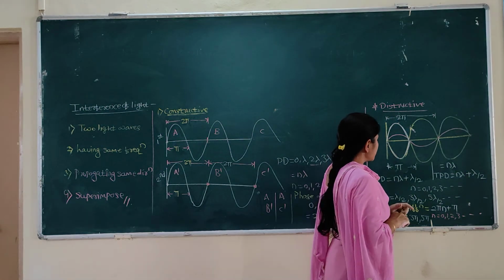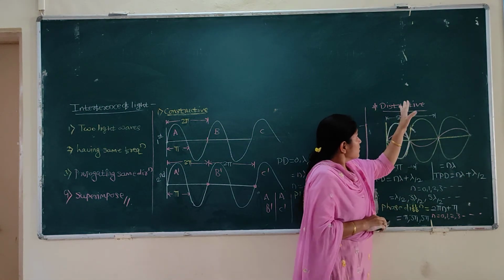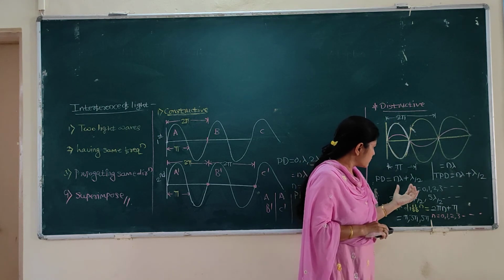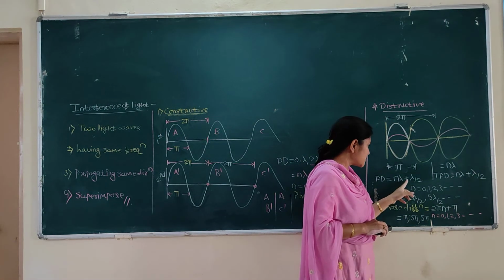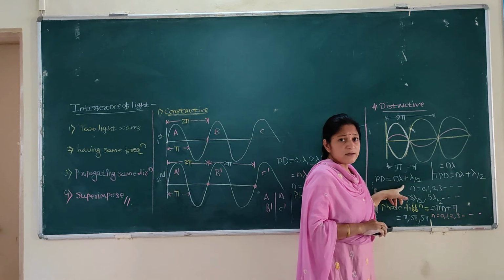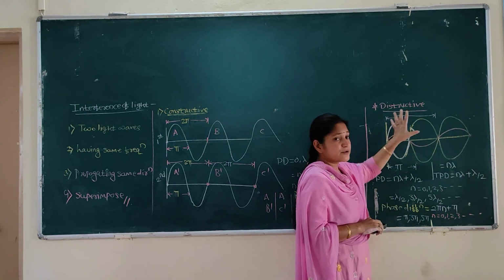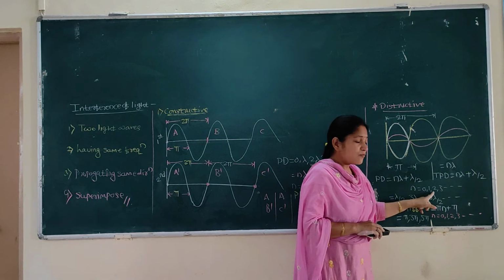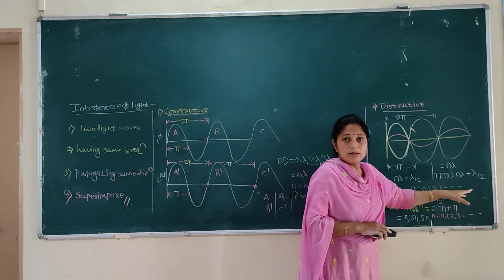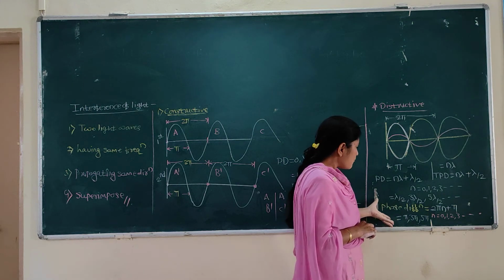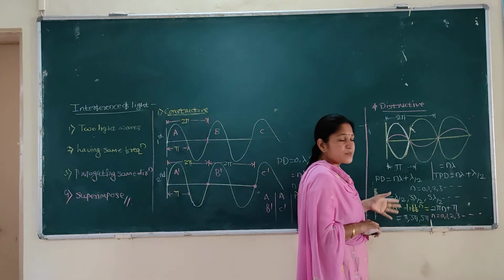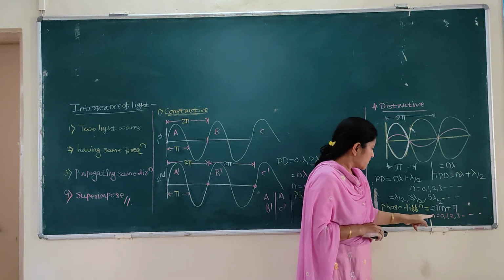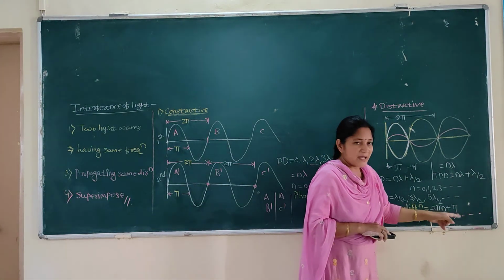Now the condition for destructive interference is n lambda plus lambda by 2. This is the path difference condition for destructive interference. Here n is equal to 0, 1, 2, 3 and so on. Now the phase difference, meaning the angle difference, condition for destructive interference is 2 pi n plus pi.